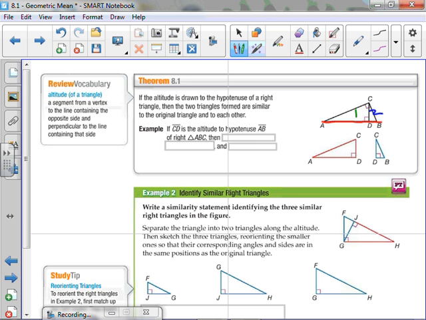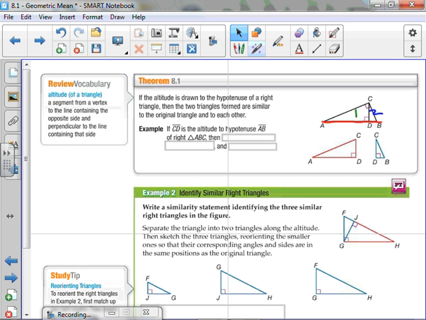Okay? So triangle 1, ACD, is going to be similar to triangle 2, and both of those are going to be similar to the third one. But the question is, in what order?